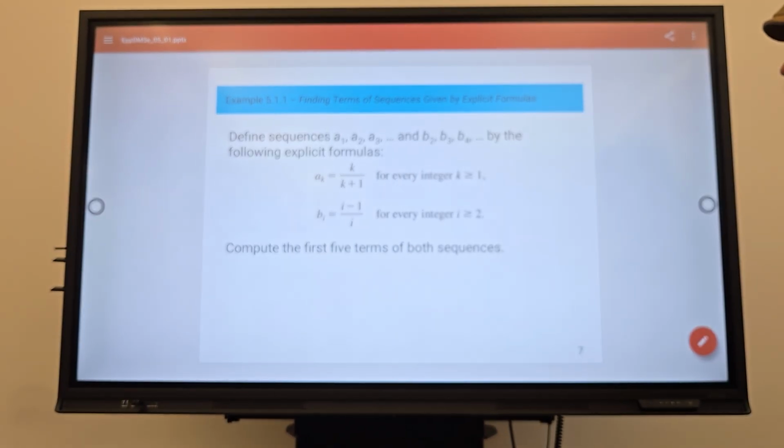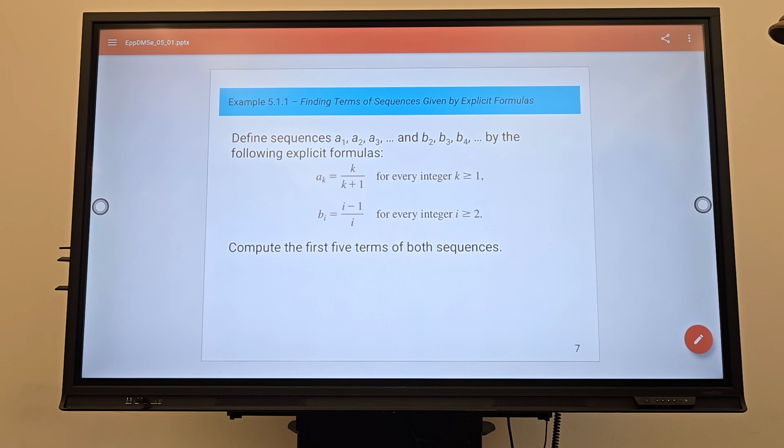So, define sequences A sub 1, 2, and 3, and B sub 2, 3, and 4 by the following formulas. A sub k equals k over k plus 1, and B sub i is i minus 1 over i. Compute the first 5 terms of both sequences.